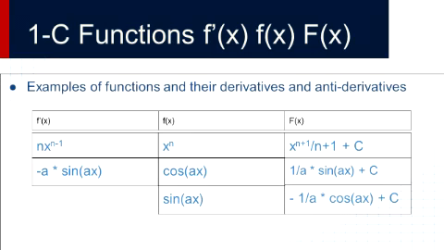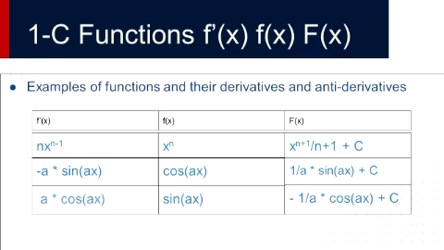And so now let's go back to the original function. Well, in order to do that, we just take the derivative of the antiderivative. And then if we look at our derivative of sine ax, we get a times cosine a times x. And now let's go back a row and look at the antiderivative of cosine, 1 over a times sine ax plus c.